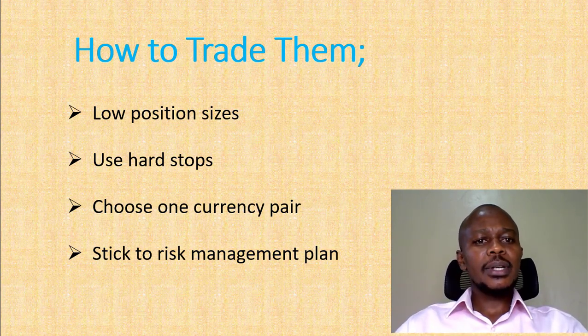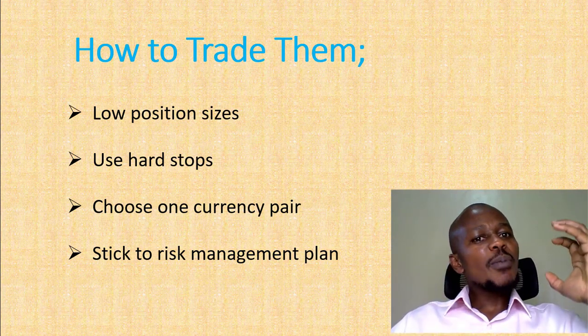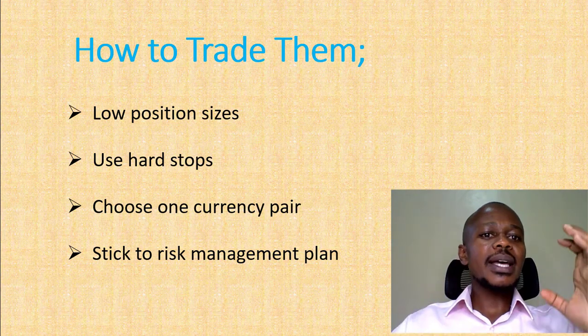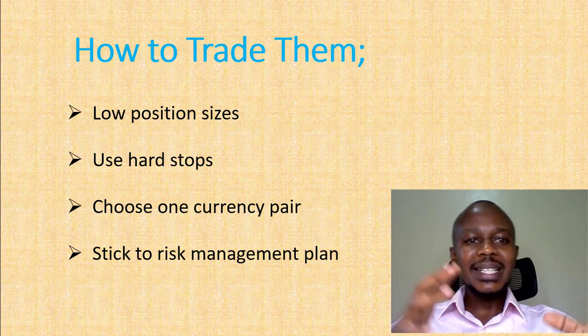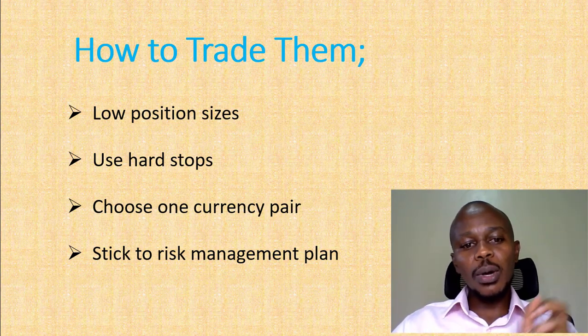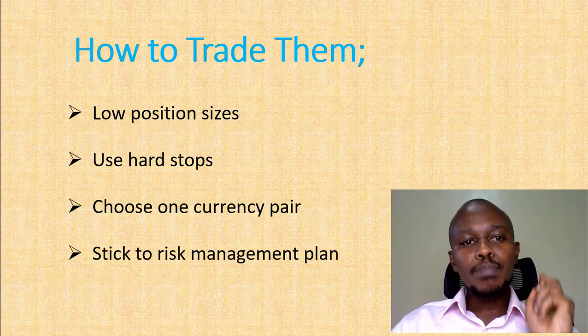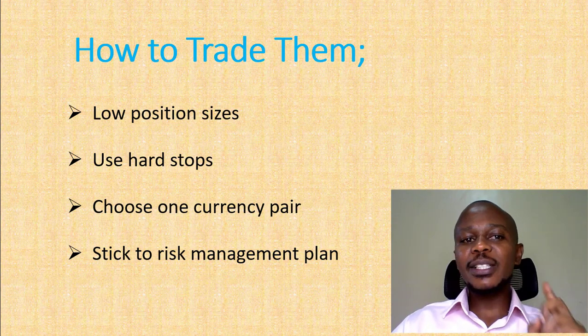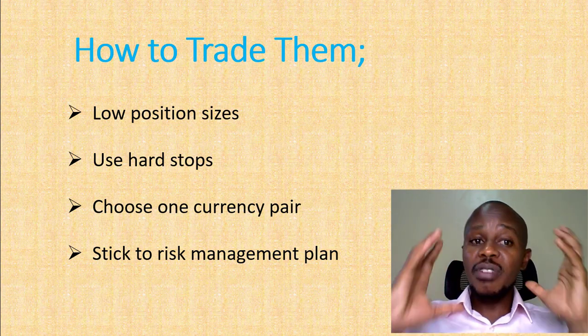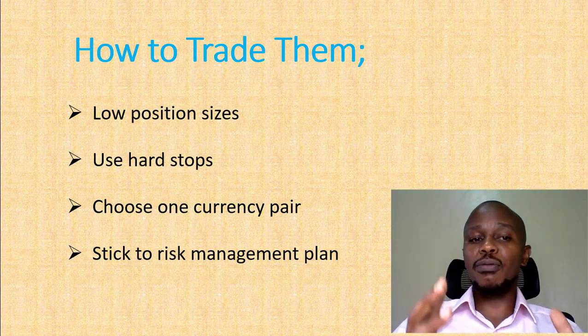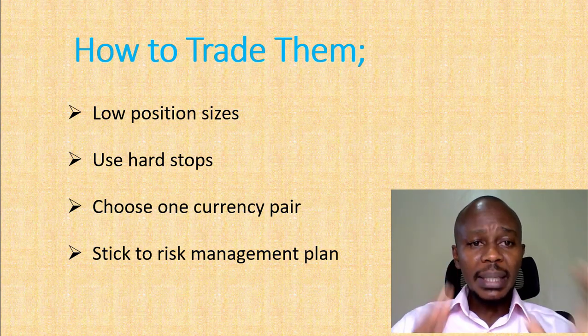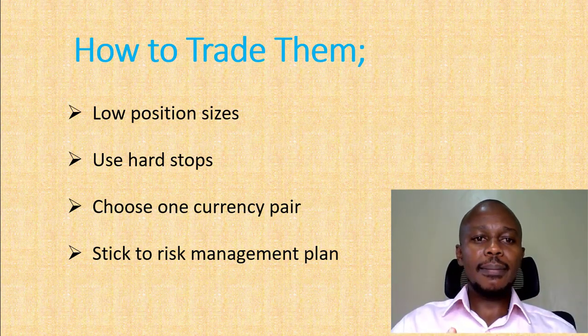Stick to that. I can tell you there will be a lot of price movements and a lot of emotions which might make you not to stick to your plan, because when you talk about price movements for volatile currency pairs, it can really shock you if you have never experienced it before. So please stick to your plan.